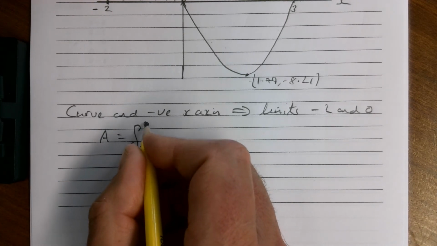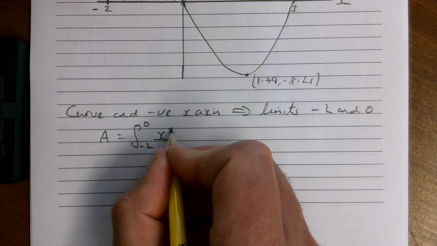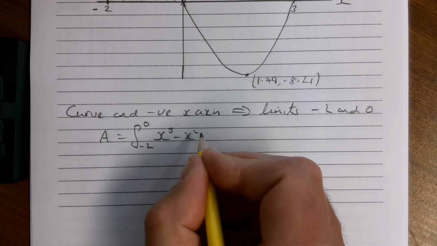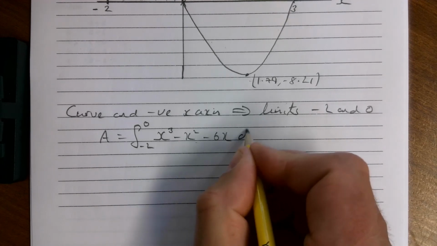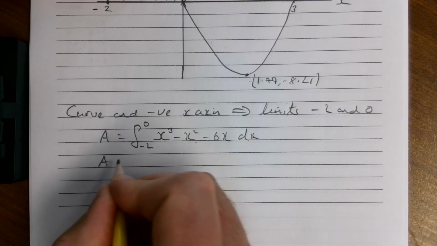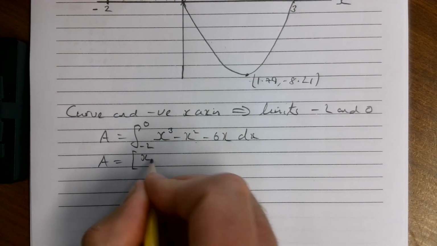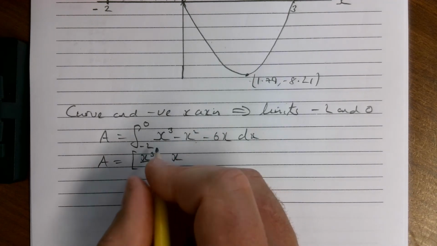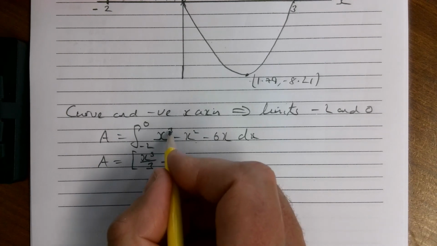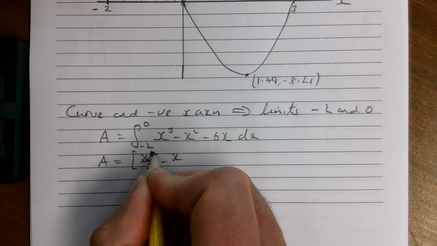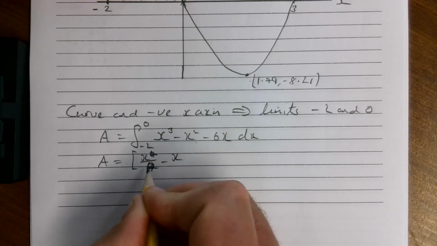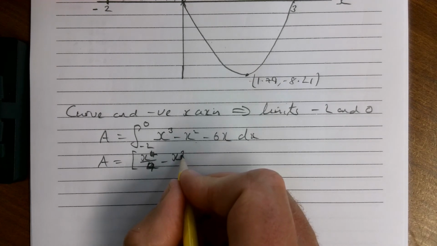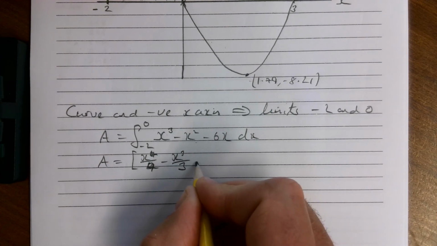It's always the biggest number on the top, which of course 0 is in this case. x cubed minus x squared minus 6x dx. The area then is equal to x cubed over 3 minus, sorry, that's x to the power 4 over 4. I can't integrate. Add 1 to the power, I'm losing my mind here. Add 1 to the power 3 divided by 3.